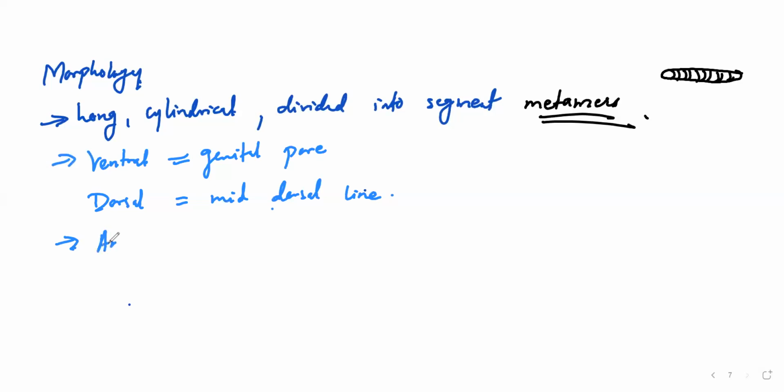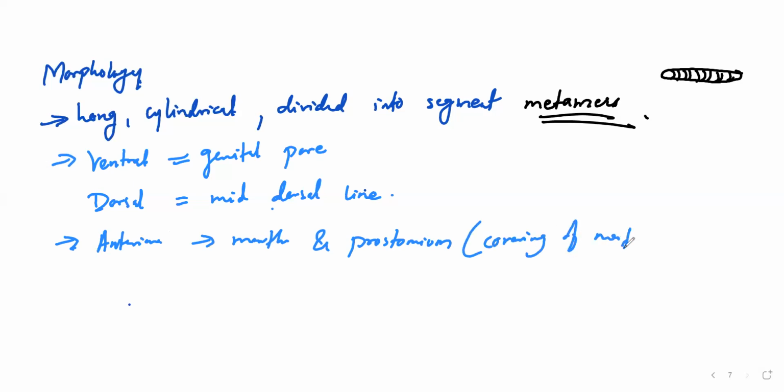The anterior part of the earthworm has the mouth on one end and the prostomium. Prostomium is nothing but the covering of the mouth. So in an earthworm, the first thing you will find is the prostomium and the mouth.